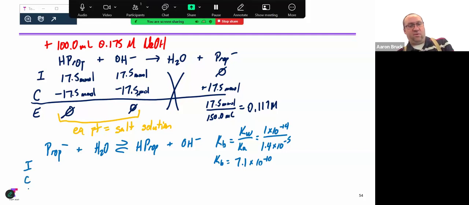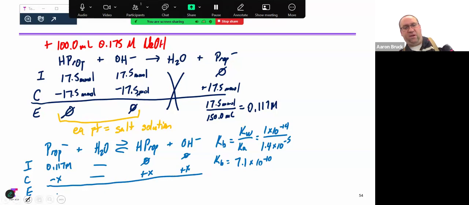So we've got to set up an ICE table. Initial concentration is 0.117 molar. So we just keep setting up the ICE table like we have been. With Kb being that low and the propanoate concentration being that significant, we know that we can ignore the minus X term here. It's not going to play in.